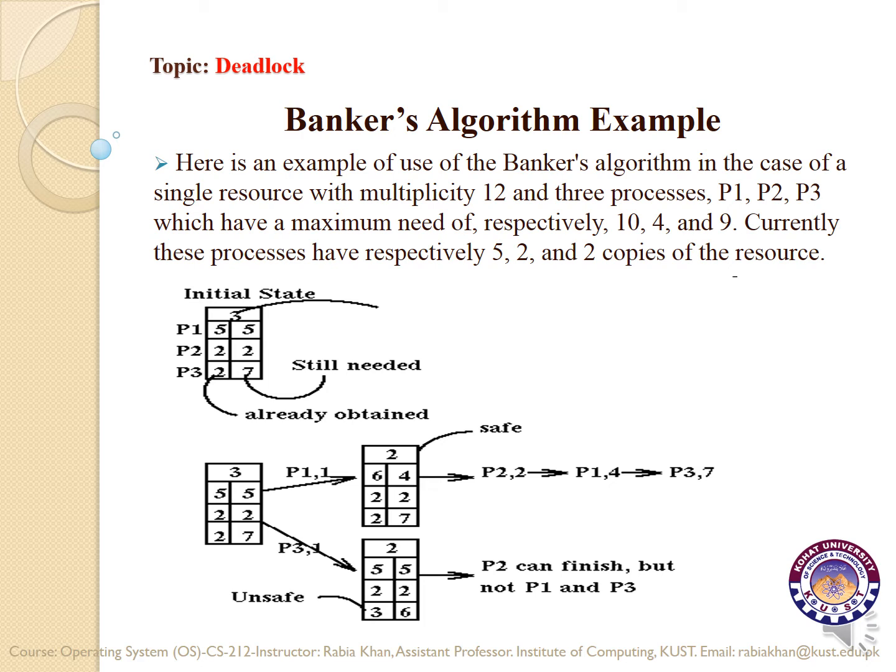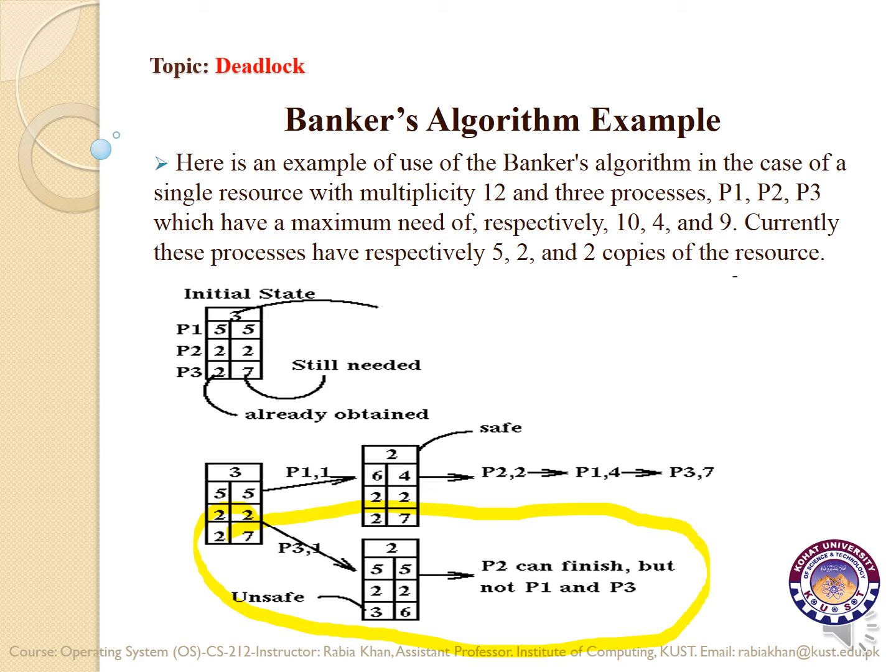But on the contrary, if you see the table below, let me highlight it. The distribution is in the form given in this highlighted table. P3 has been assigned one resource whose demand reduces to 6, and the system has 2 further available resources.